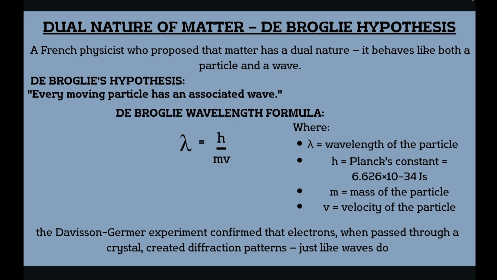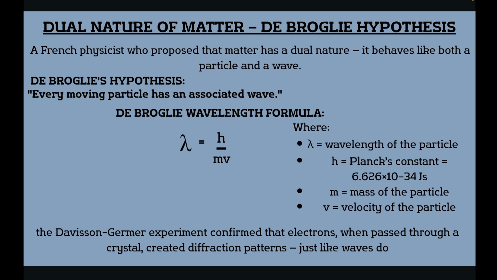So scientists believed matter like electrons and protons behaves like particles and light behaves like a wave. But then experiments like the photoelectric effect showed that light also behaves like a particle, which is called a photon. This made scientists wonder. He thought that if light can behave like a particle, can a particle behave like a wave?